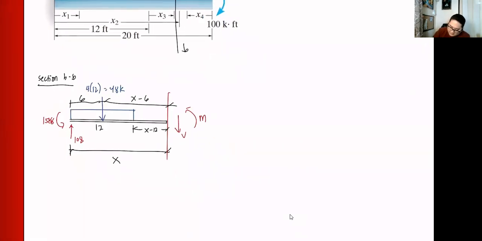So, let's take the summation of Fy equals 0. So we have 108 minus 48 minus V equals 0. Okay? So V equals 108 minus 48, that is 60. So the value we got is not in terms of x.